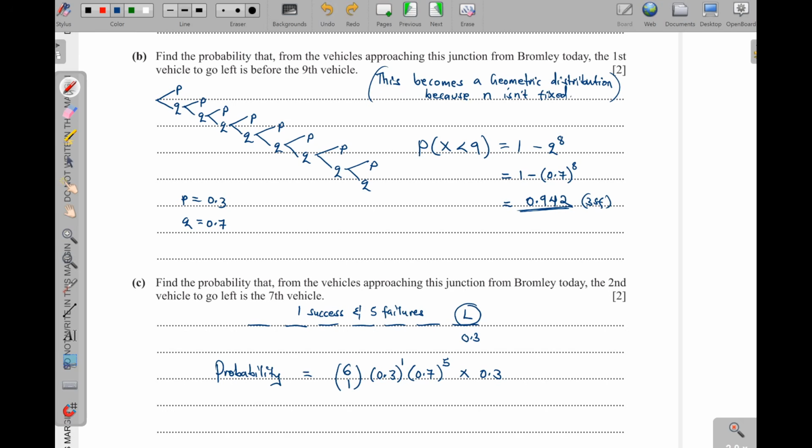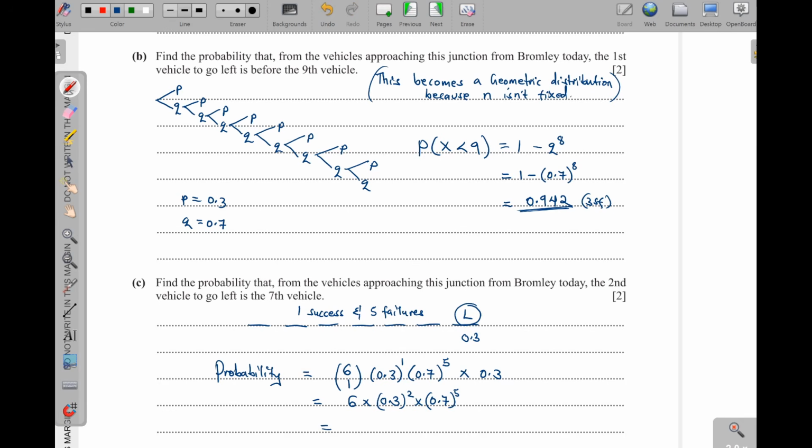So putting everything in, actually you might find in the schemes when they have said 6, then times this one and this one here, they will give us 0.3 squared. And then you have 0.7 power 5.